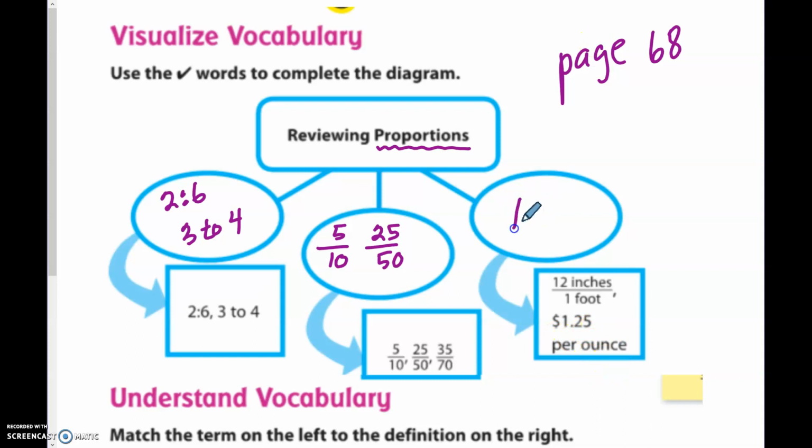So if you ever go to the grocery store, you might see that they're selling apples like Honey Crisps, which when I was just at the store were $3.49 per pound. This kind of stuff is called unit rate because they're telling you for 1 unit, 1 pound, something is $3.49.